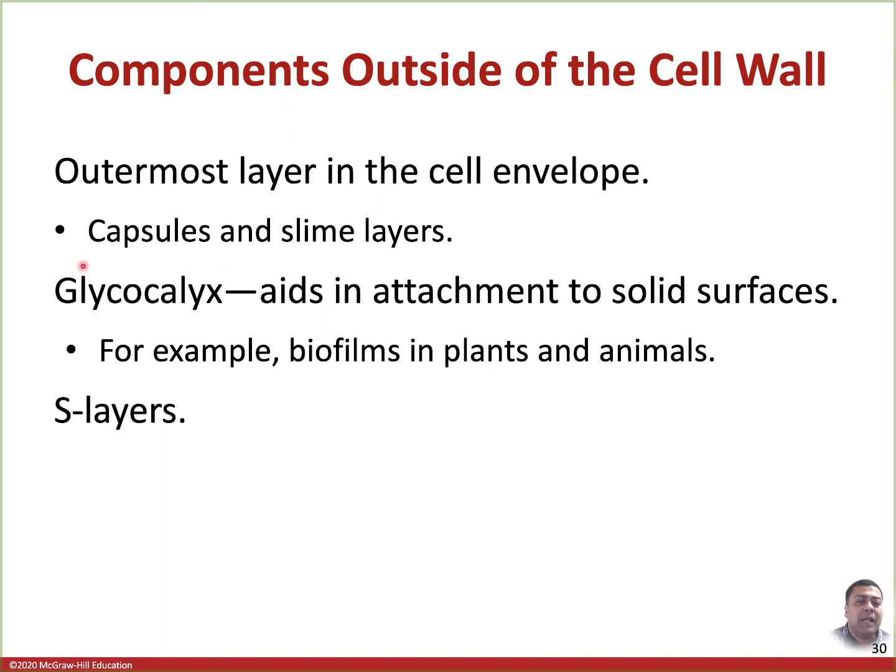Glycocalyx is a generalized term which includes the capsule and the slime layer. So capsule and slime layer all together is a glycocalyx, and it helps them attach onto solid surfaces. They form biofilms in plants and animals. For example, the plaque that is formed on your tooth is glycocalyx, and the bacteria present in there may have capsules, slime layers, etc.